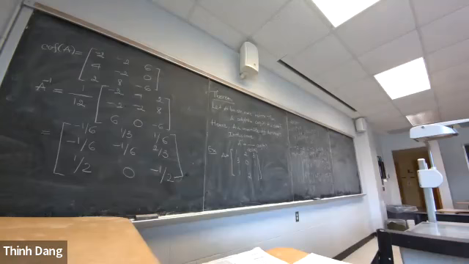I am not going to prove that theorem, but if you want to read the proof, you can check the textbook. It is already stated there. Do you have any questions about today's lecture? Okay, that's good.